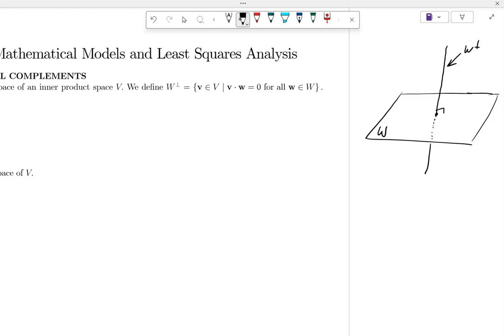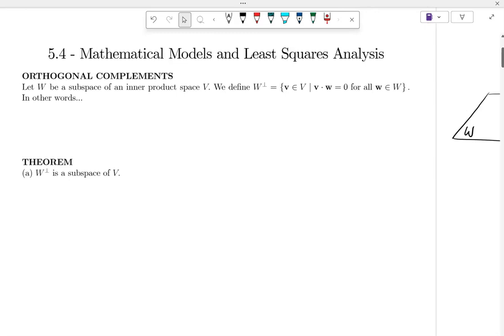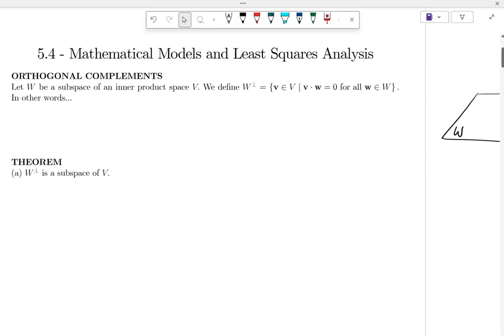So I'm not too worried about the dimension piece. I'm just more worried about the orthogonal complement piece here. All right. So going back over to the definition here. If we have any subspace W in an inner product space V, the orthogonal complement, which we denote with this W with a little perpendicular sign superscripted, is the set of all things in the vector space that are orthogonal to everything in W. Okay?